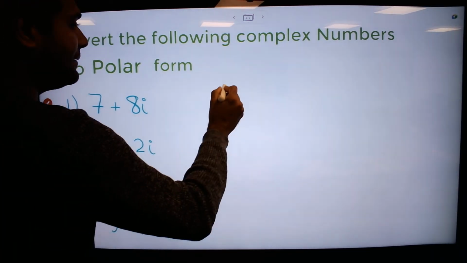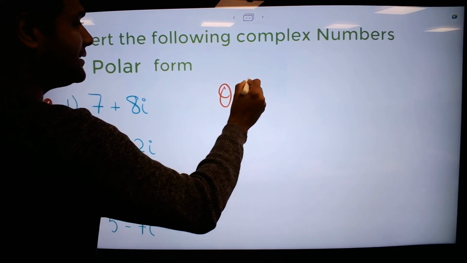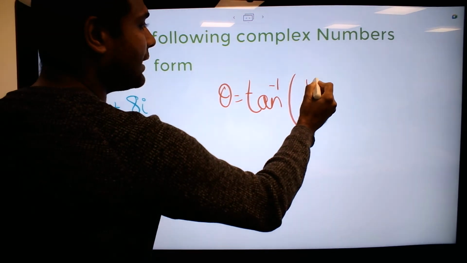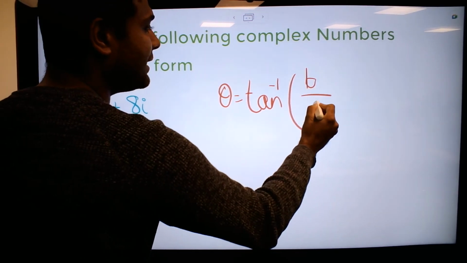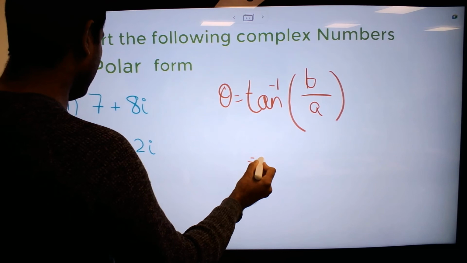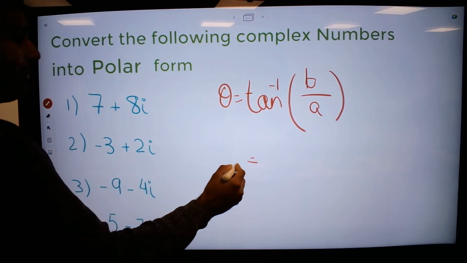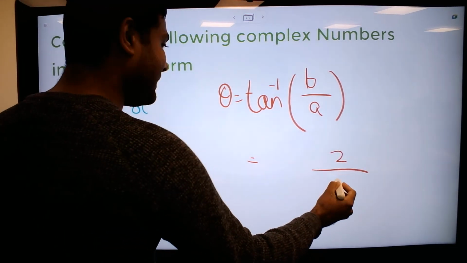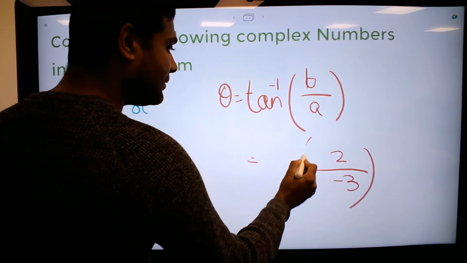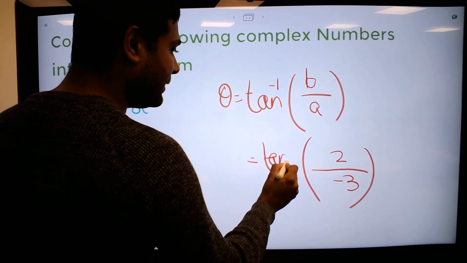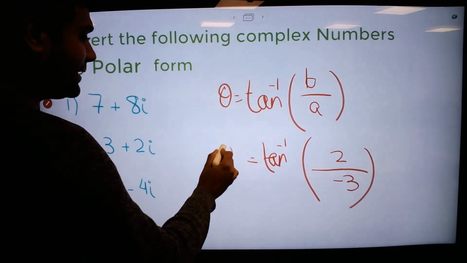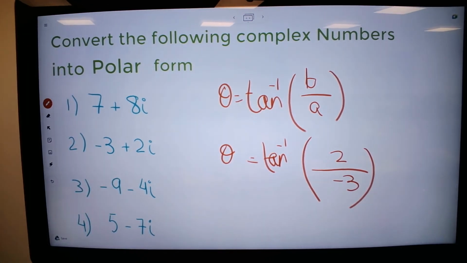When you do the theta, which is equal to tan inverse B over A. But for example, in this case, the B is 2 and the A is minus 3. So make sure you do put that one here. And that will give the value of the theta. So try that one and then I will solve these ones for you.